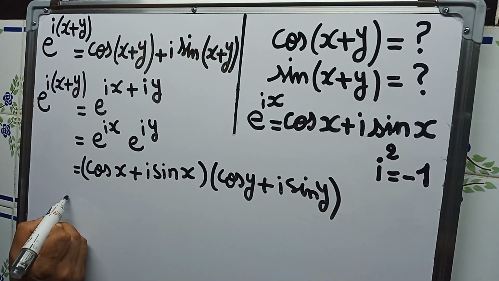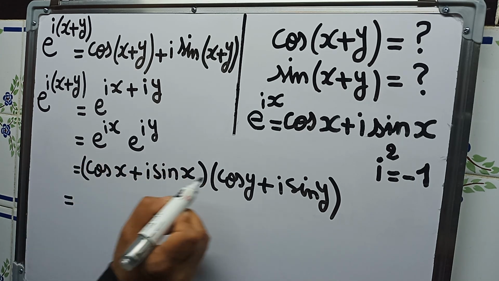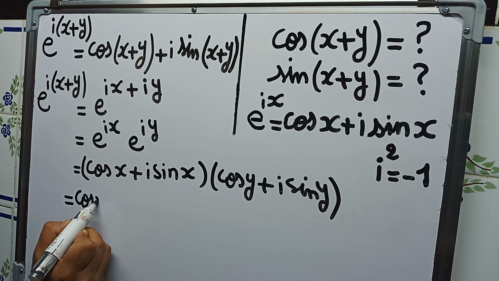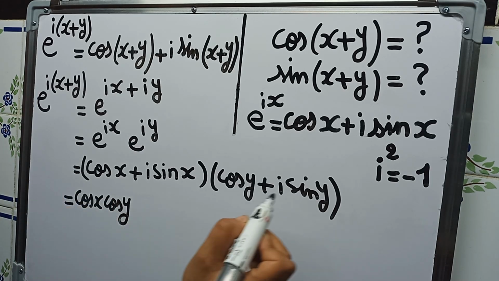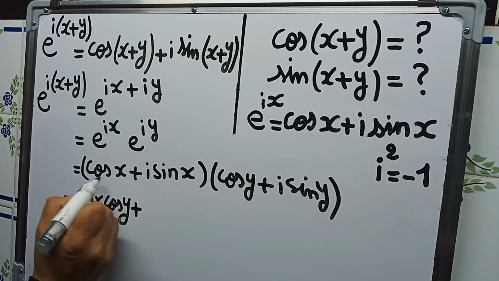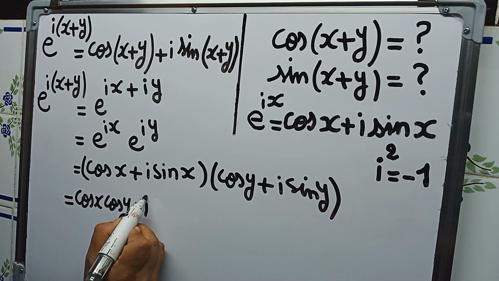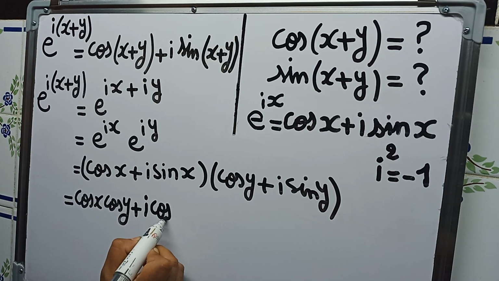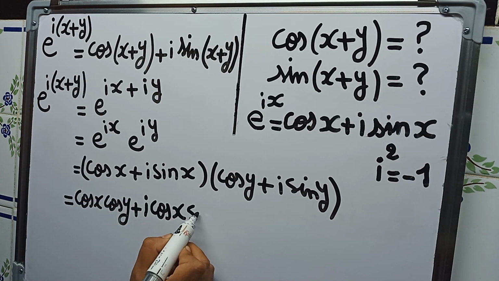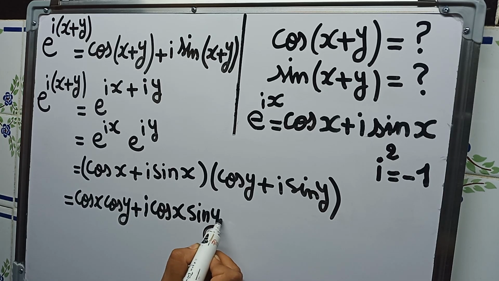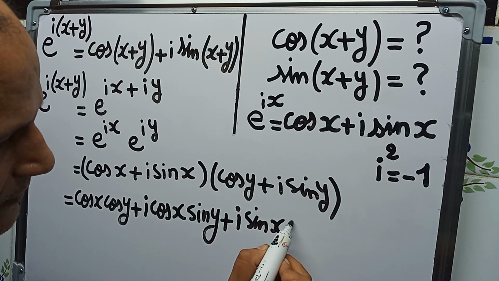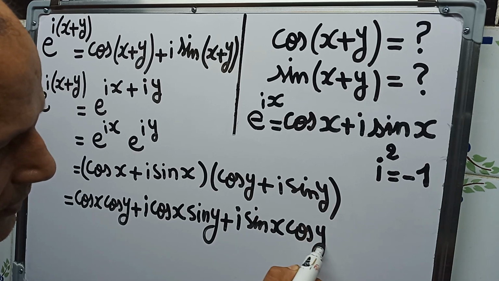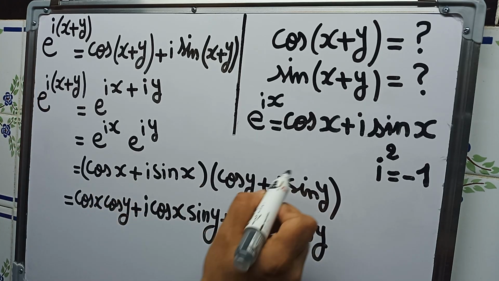And here distributing, it's equal to cosine x cosine y, plus cosine x i sine y, plus i sine x cosine y, plus i sine x, i sine y.